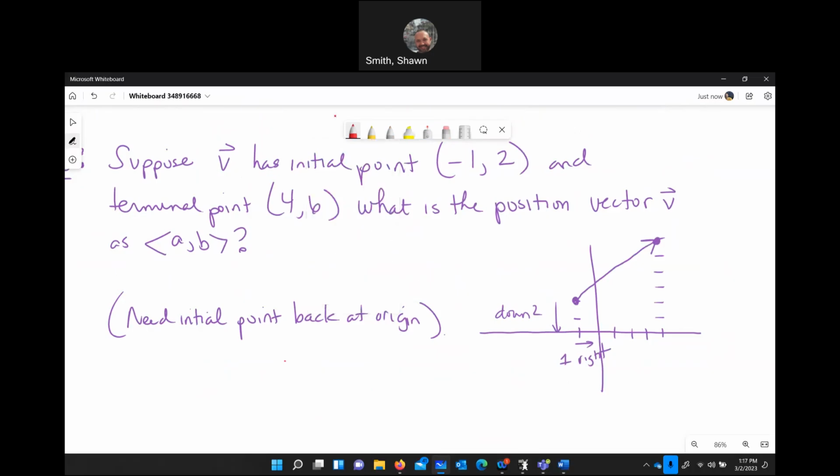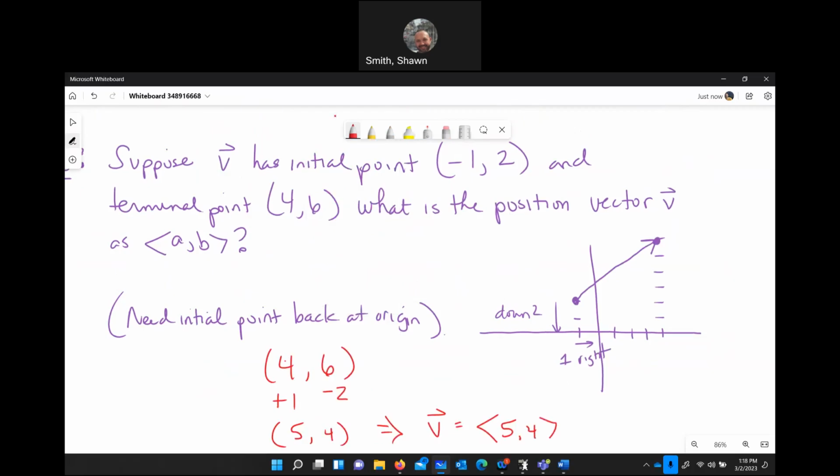So I would have my terminal point 4, comma 6, subtract 2, that goes down, and I want to go right, plus 1. We now have this as the ordered pair 5, comma 4, which as the vector v is 5, 4.